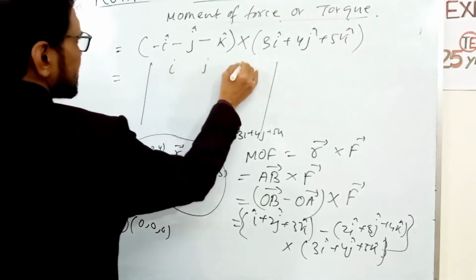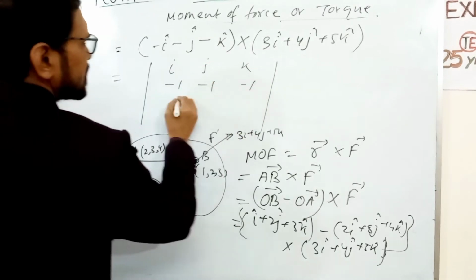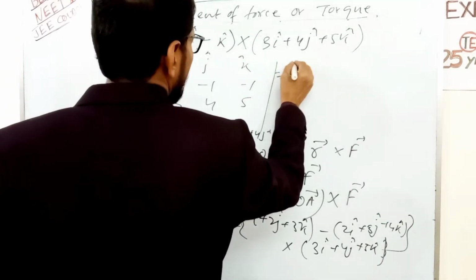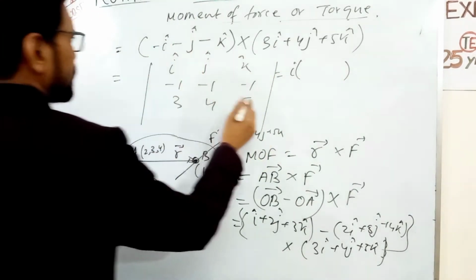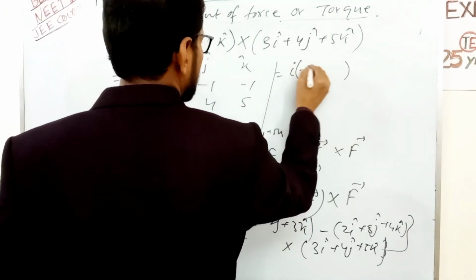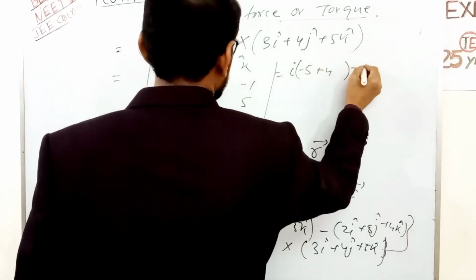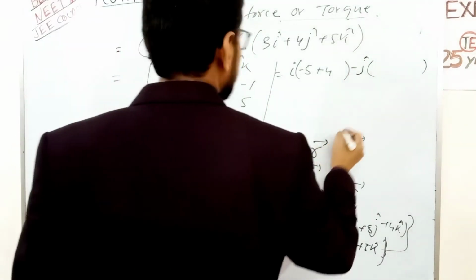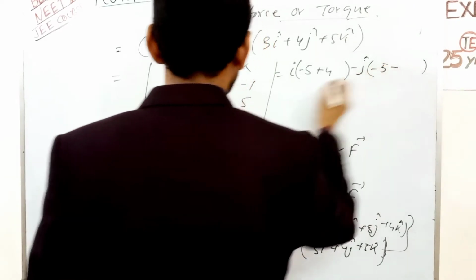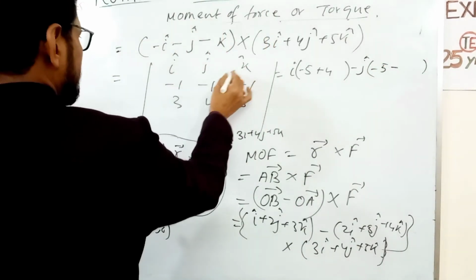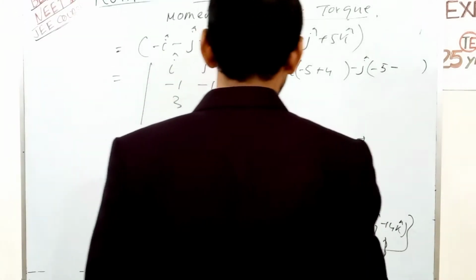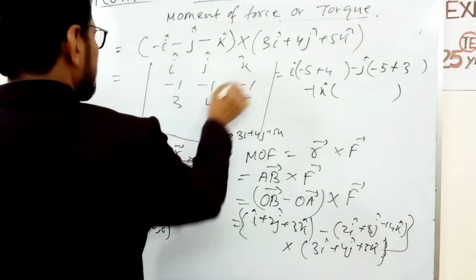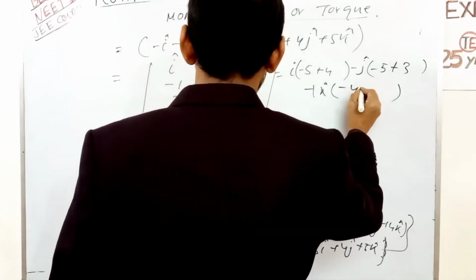If we apply the determinant with i, j, k; minus 1, minus 1, minus 1; 3, 4, 5, this will be i into minus 5 plus 4, minus j into minus 5 plus 3, plus k into minus 4 plus 3.